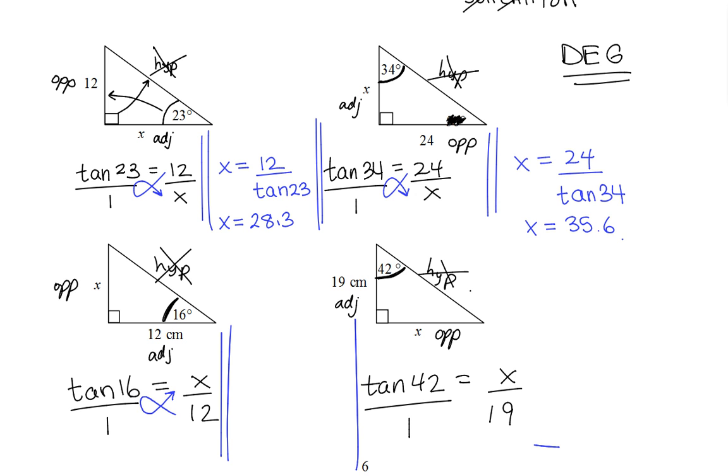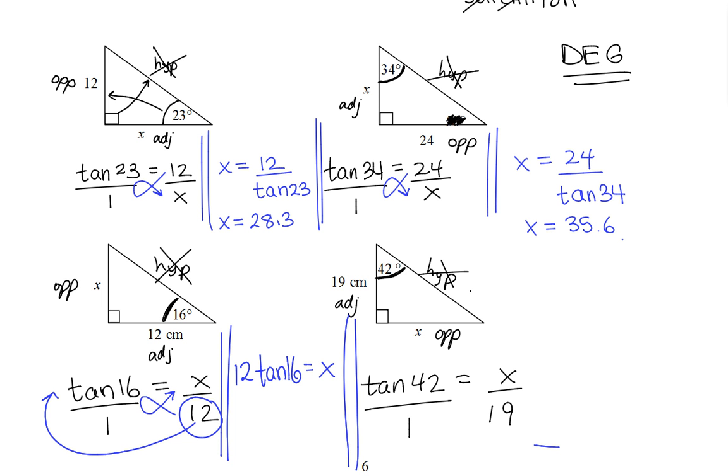Now to write this properly, do you see how x is already on the top? You want to keep it on the top. So this 12 just moves up here. 12 tan 16 equals x.